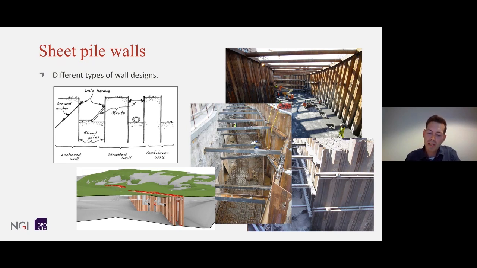Mostly the sheet pile walls are designed as anchored walls with anchors or cables, if you want to, driven into the soil or bedrock, as seen in the picture at the bottom right. And in other cases, we're using a single, double, or even triple strutting system between two sheet pile walls, or it could be a single level strutting system which supports against an existing or a new construction, as shown in the illustration above, and like you can see in the picture at the bottom left.